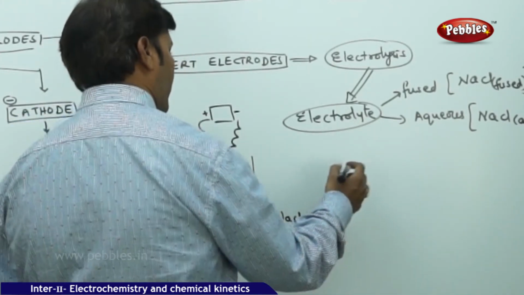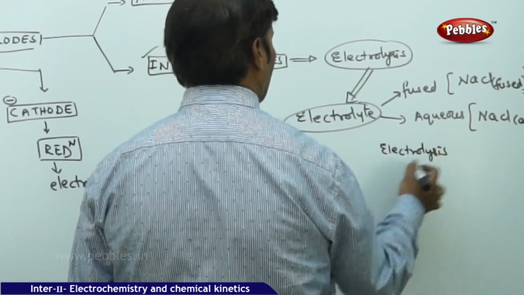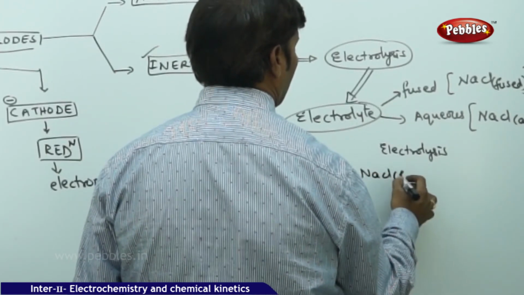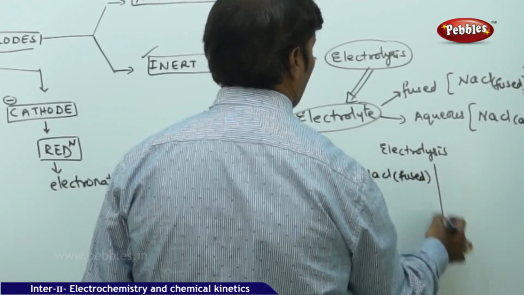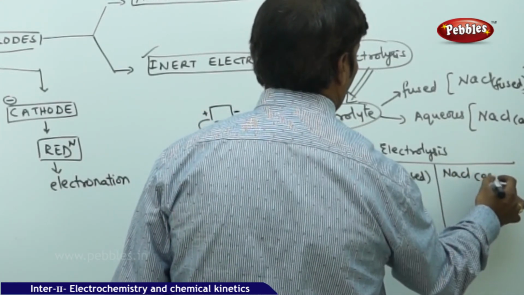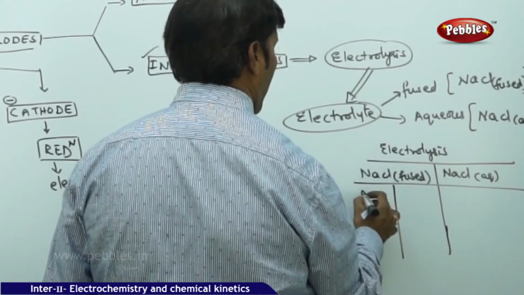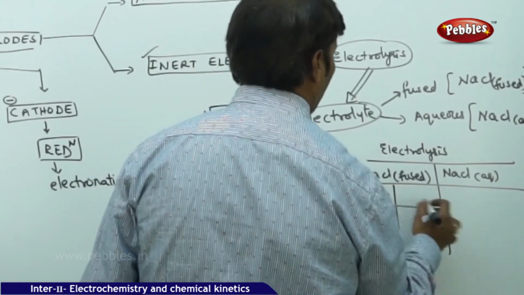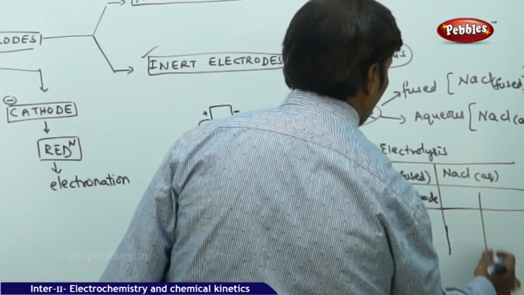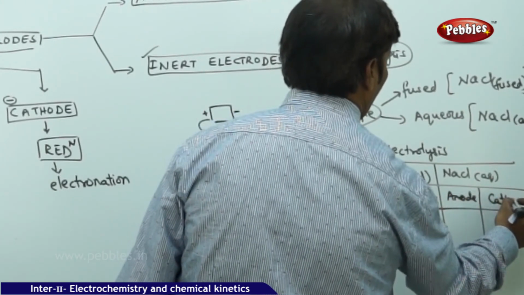So suppose during the electrolysis you are taking the electrolyte NaCl fused and NaCl aqueous. At the anode and cathode, what are the products obtained?